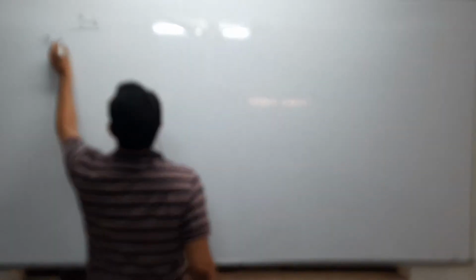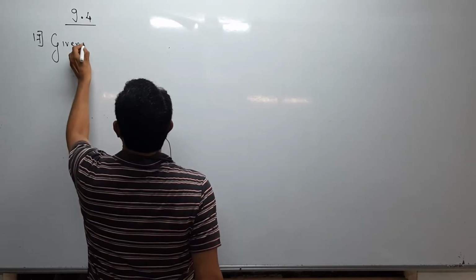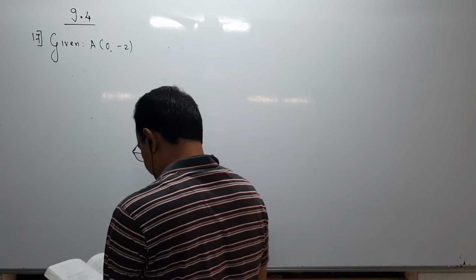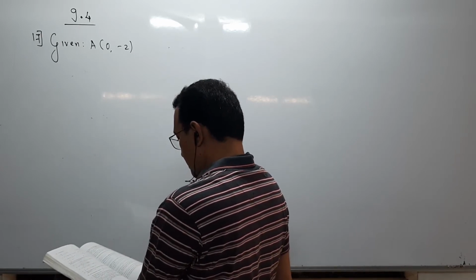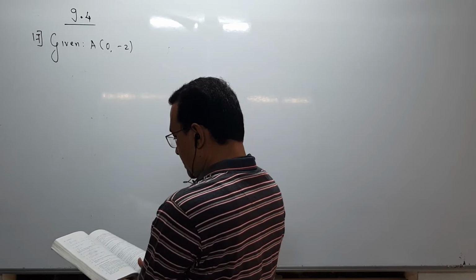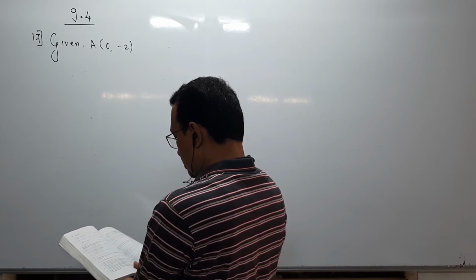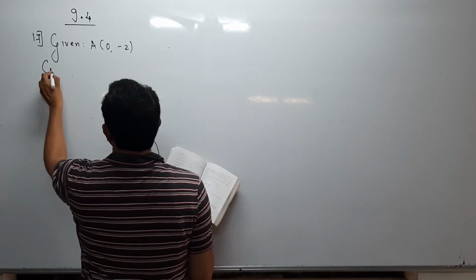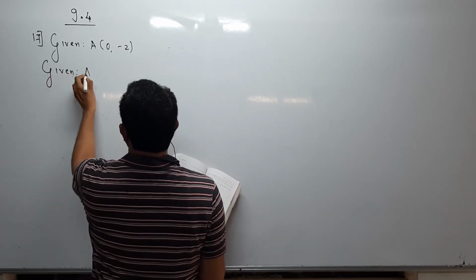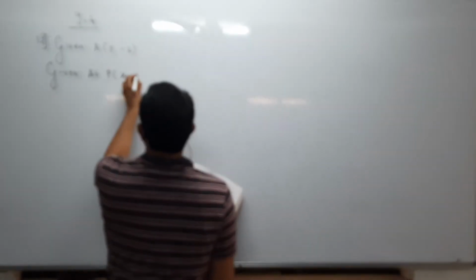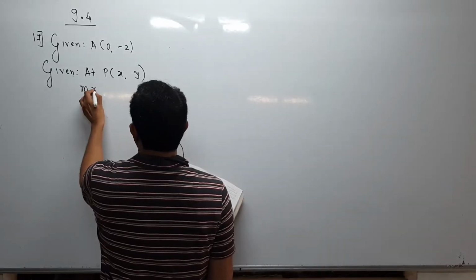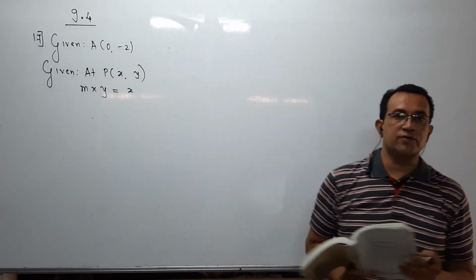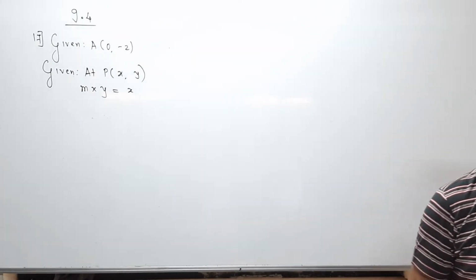So the given point is 0, minus 2. And given that at any point P(x, y) on the curve, the product of slope of its tangent and y coordinate, again given at any point P(x, y), the product of slope and y coordinate is equal to x coordinate of the point of contact.